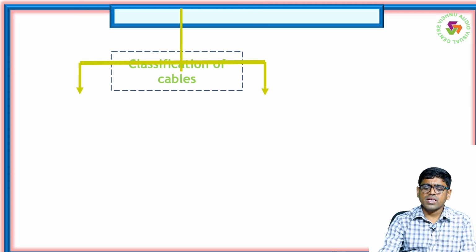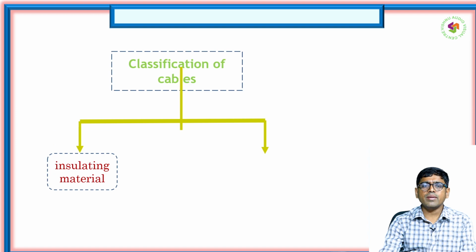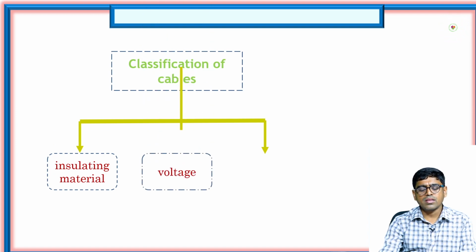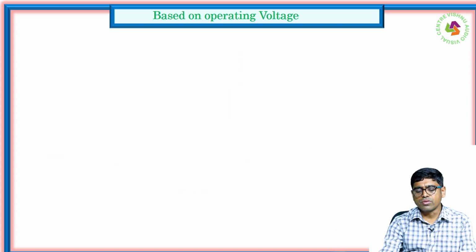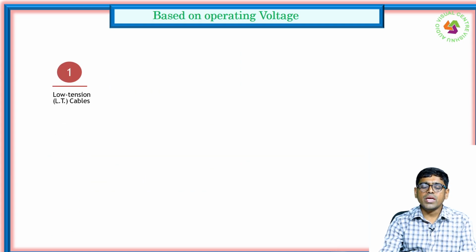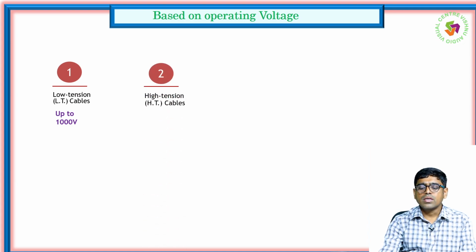The classification of the cable may depend on the insulating material, or the voltage, or the number of cores. So based on the operating voltage, we have the low tension cables, LT cables, up to 1000 volts. High tension cables, HT cables, up to 11 kV.